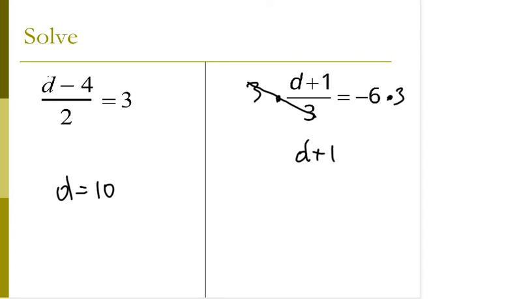The inverse of adding 1 is subtracting 1, so we subtract 1 from both sides of our equation. These undo each other, and that leaves us with d equals negative 19. And I'll leave that to you to check that one. You're welcome to try this one as well.